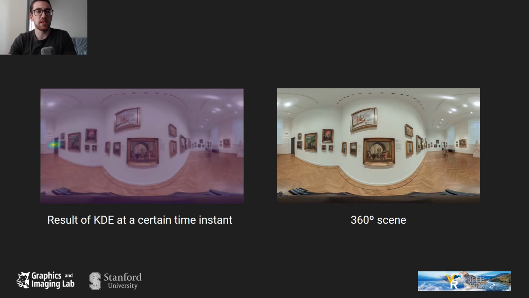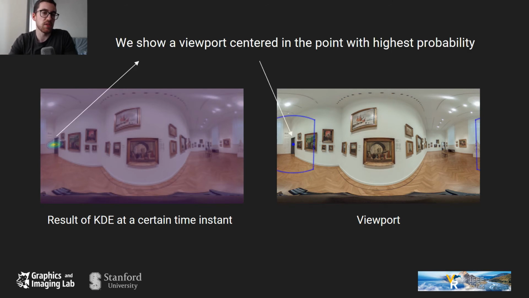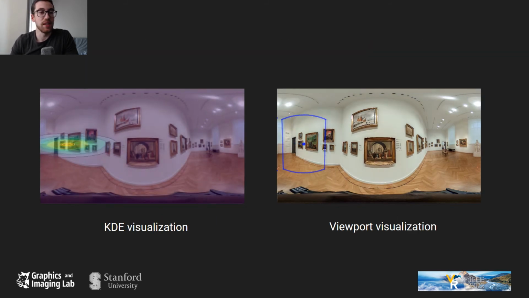In order to visualize this, we are also showing a viewport centered on the point of highest probability. This way, we can see the most probable Scanpath for a given scene and how it follows a plausible trajectory while focusing on the regions of interest in the scene. Again, please refer to the main document for further details.